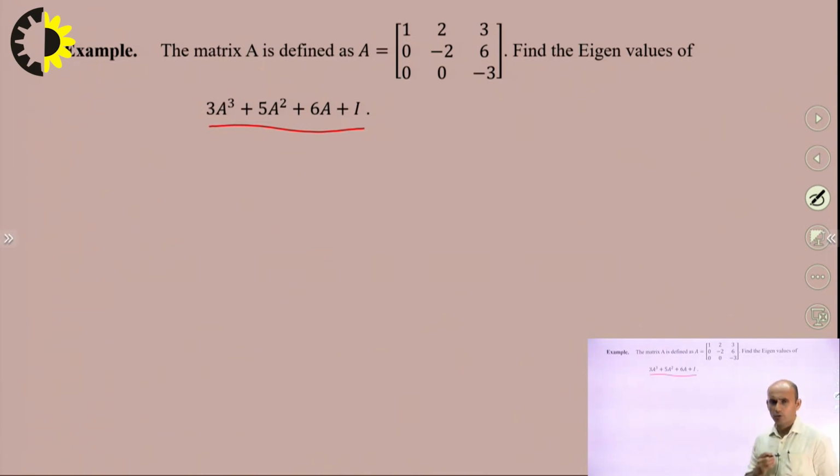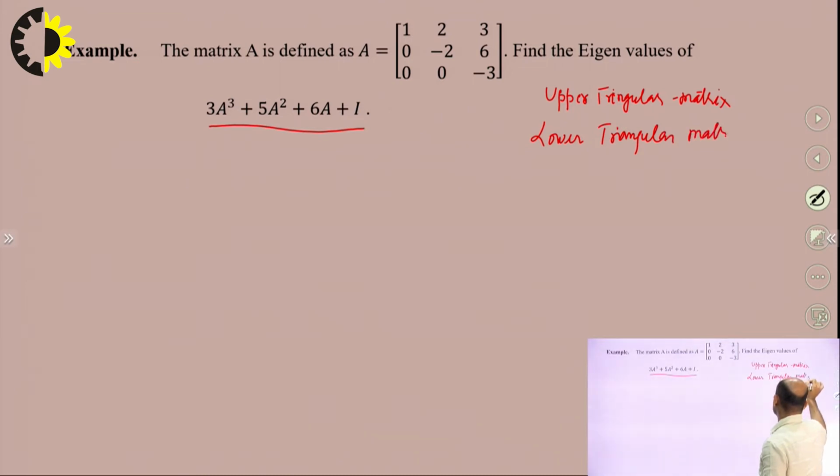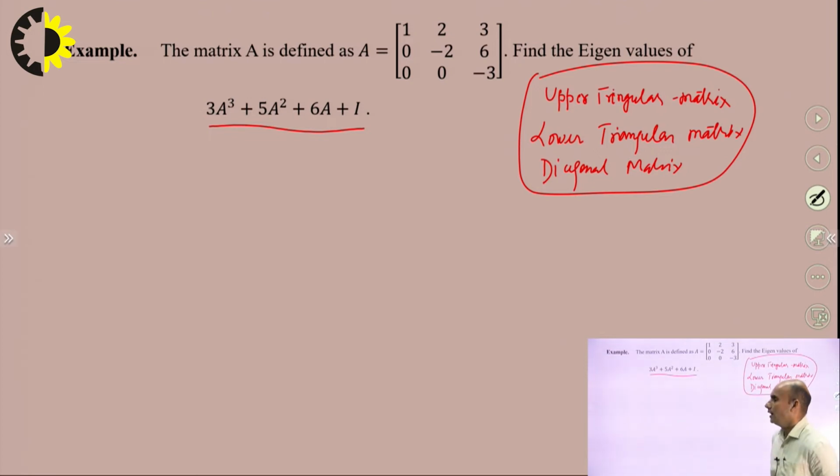But there is one more very important property. If we have an upper triangular matrix, or a lower triangular matrix, or a diagonal matrix, these three kinds of matrices have eigenvalues equal to the diagonal elements.